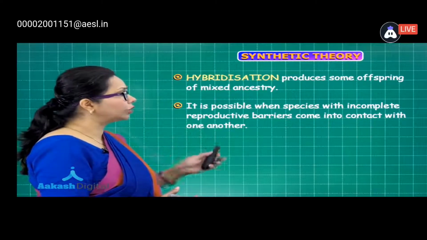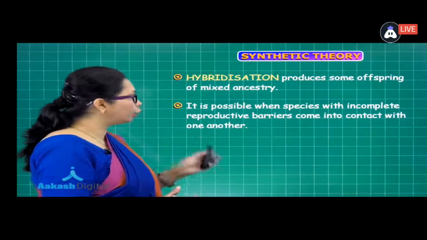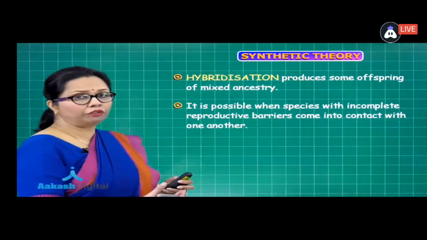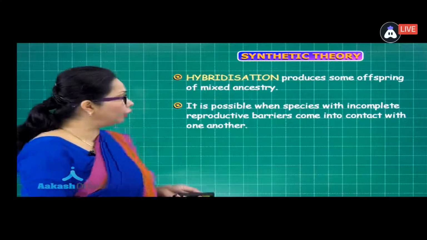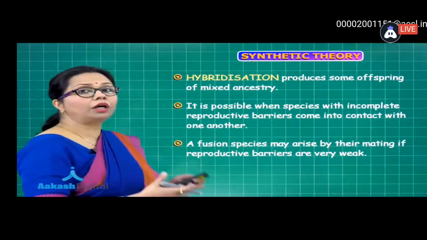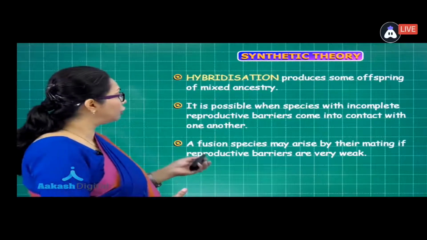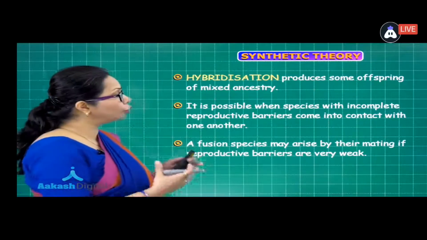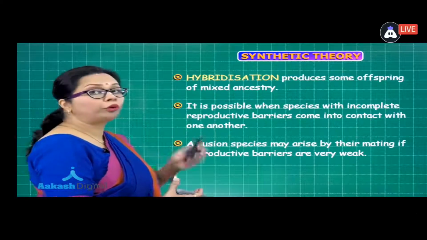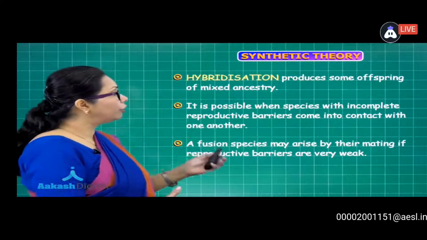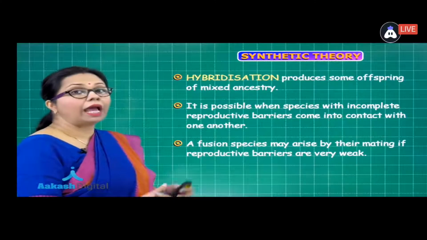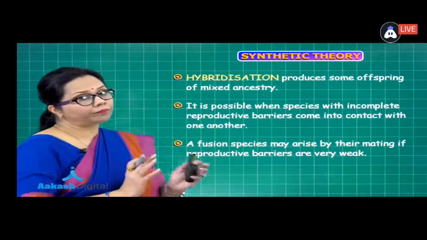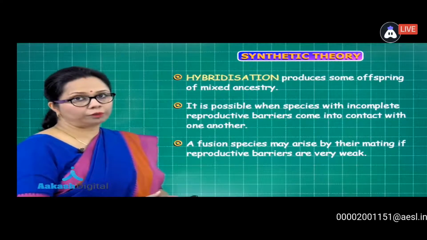And when such species come in contact with one another, they may be able to interbreed with each other and produce fertile offspring, and as a result a new species may arise which will be called fusion species. So, by mixing of two species where the reproductive barrier was incomplete, a fusion species may arise, and if the reproductive barrier was strong enough, then hybridization won't be possible.